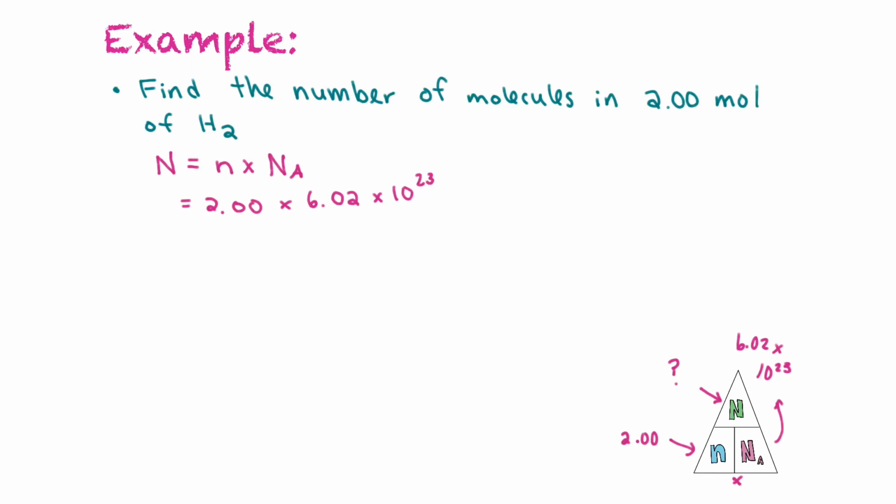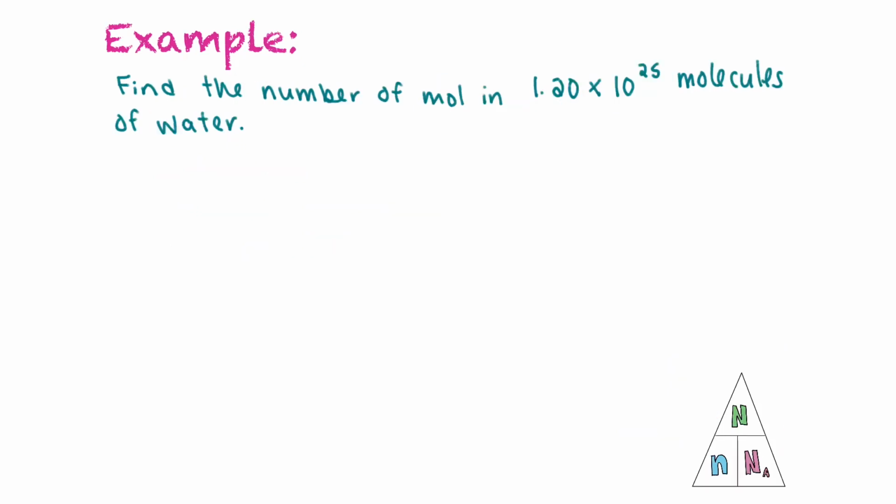And if you put those values in, you would get this as your answer, 1.20 times 10 to the power of 24. So for solving these types of equations, you will need a scientific calculator, one that has scientific notation, and you need to become comfortable with performing calculations using scientific notation.